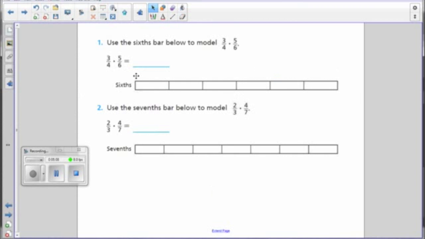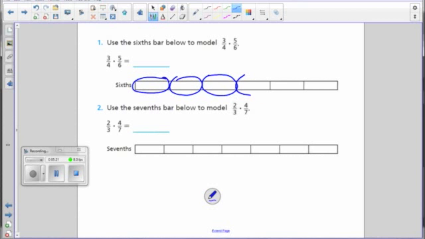Okay. So the first thing I need to do with 3/4 times 5/6 would be to circle 5 of my 6ths. 1, 2, 3, 4, 5.